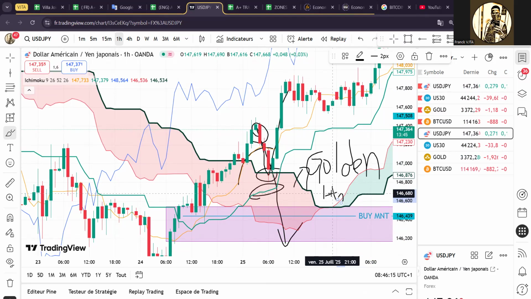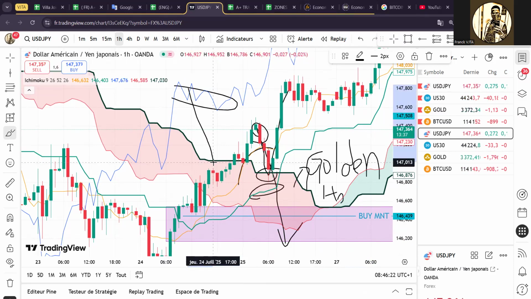When you are confused about whether it is a reversal because Shiku just went out of the cloud, don't think like that. Think like this. First of all, your orientator in 1 hour is the TK golden cross. So follow it. So you will follow the buys.